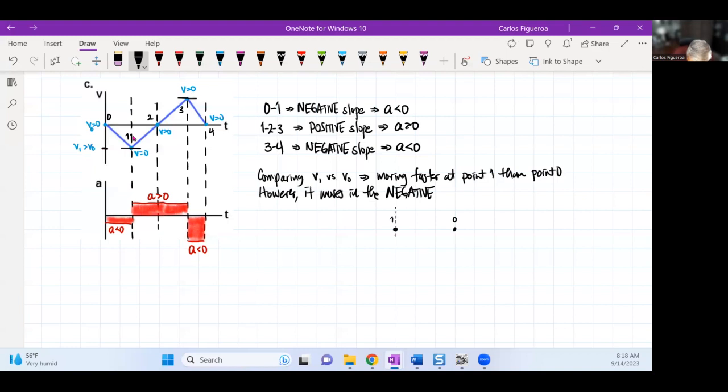So when I look at this interval, what you're seeing here is that my velocity vector is moving in this direction, and my acceleration vector is pointing in the same direction. So you could see right here that I am speeding up.